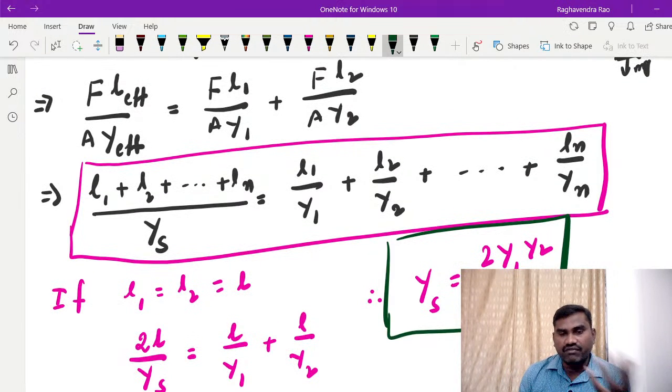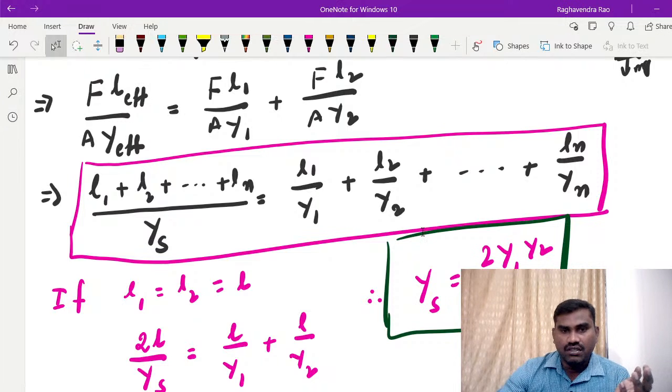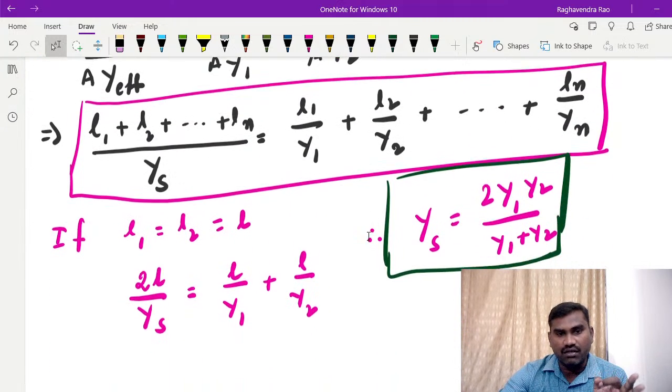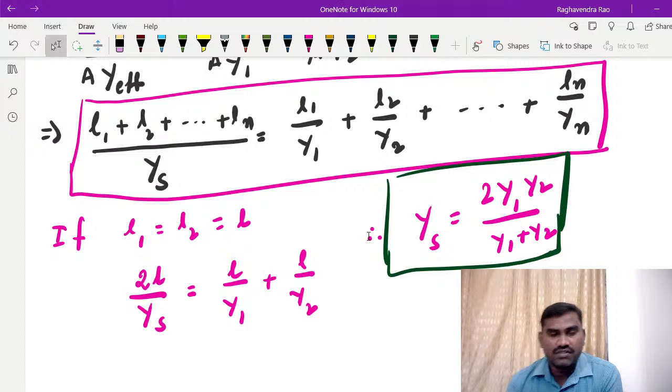Otherwise, in the case of average speed, you have calculated N by V average is equal to 1 by V1 plus 1 by V2 plus 1 by V3 so on 1 by Vn. Similar formula you will get in the case of average speed. So we need to identify this formula. The point we need to consider here is elongation is different, and from that we have calculated all these expressions.